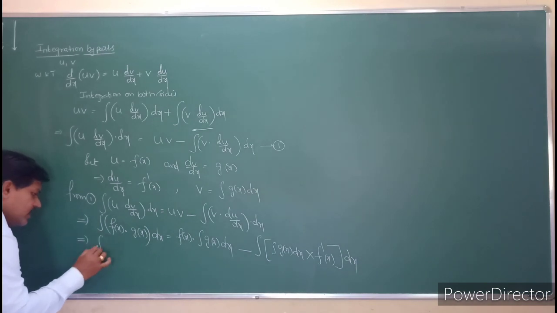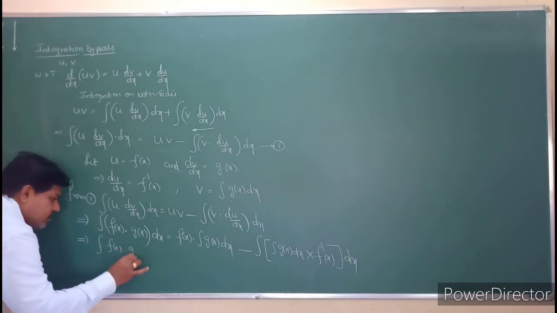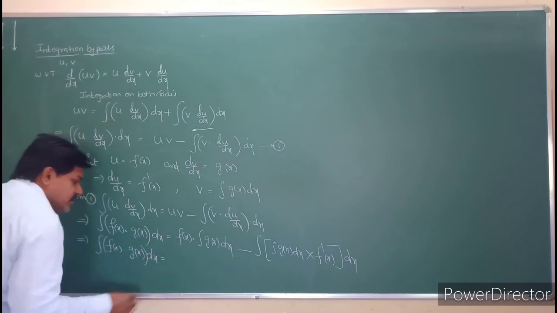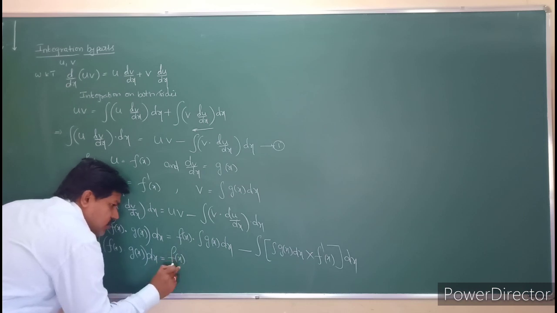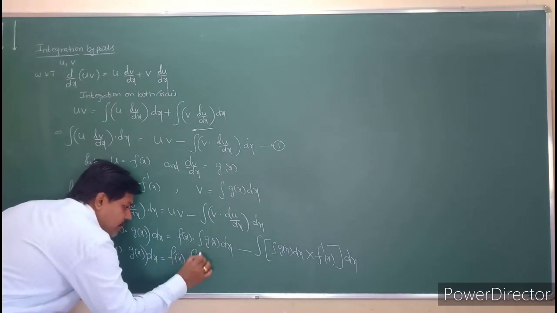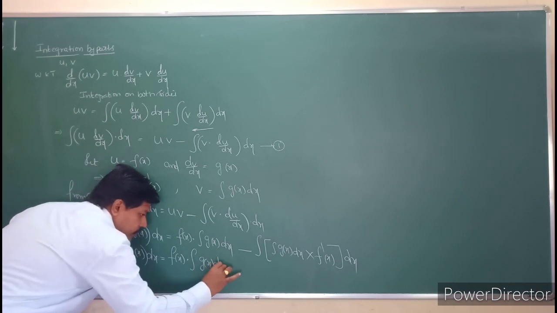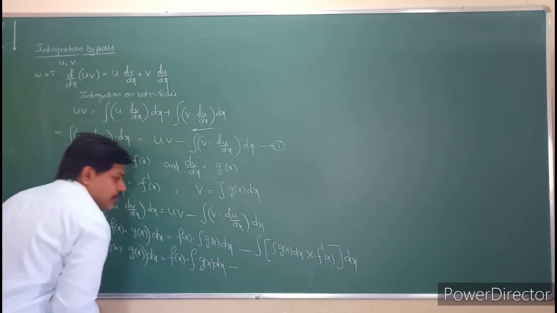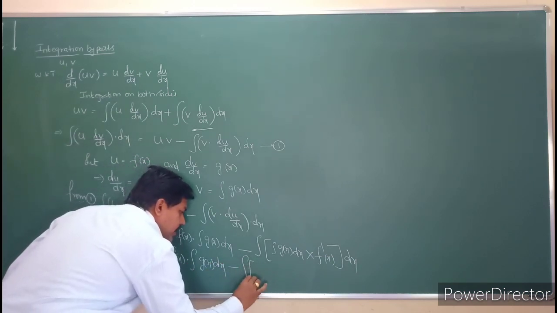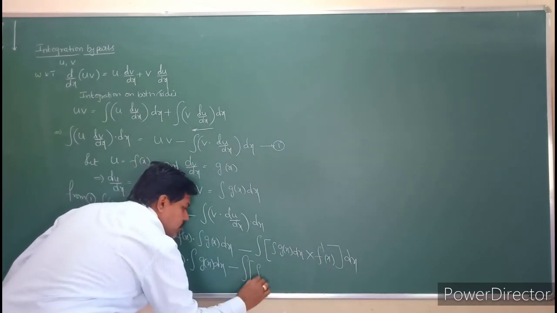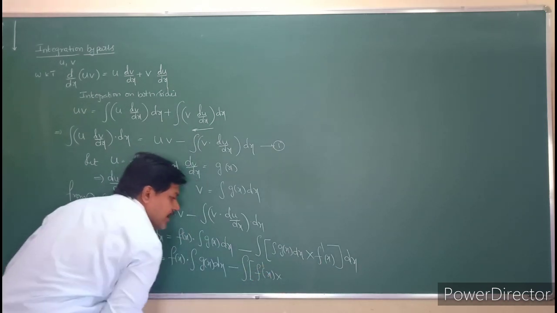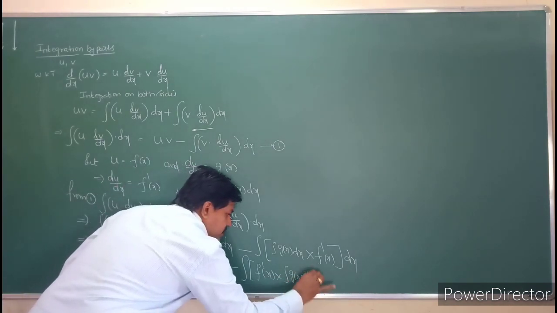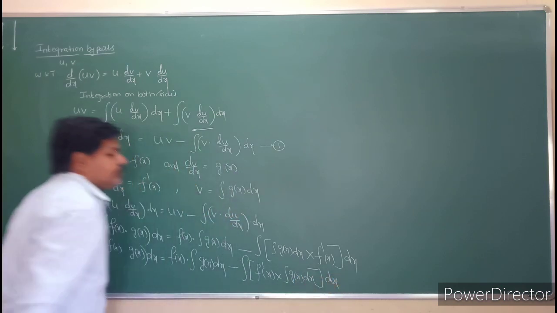So that implies the integral of f of x into g of x into dx is f of x, the first function, into the integral of the second function, minus the integral of the first function's derivative into the integral of the second function into dx.